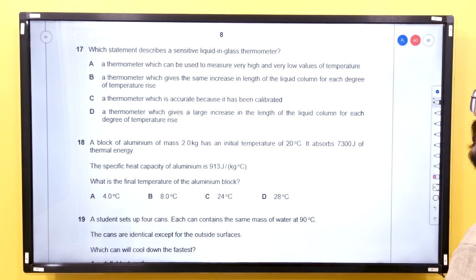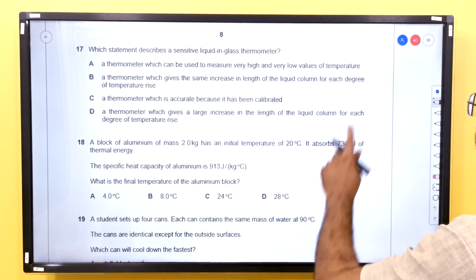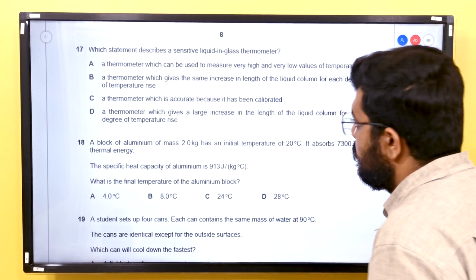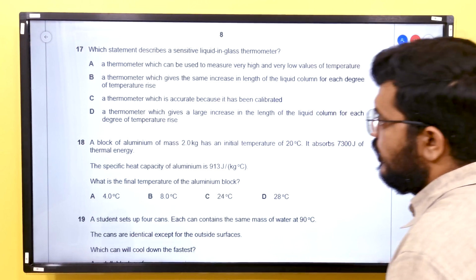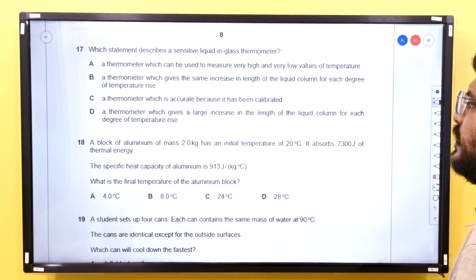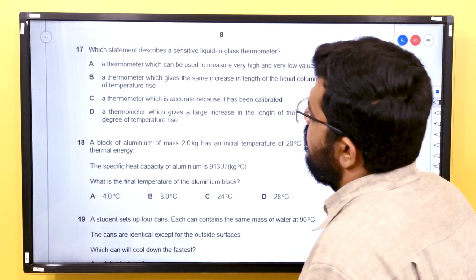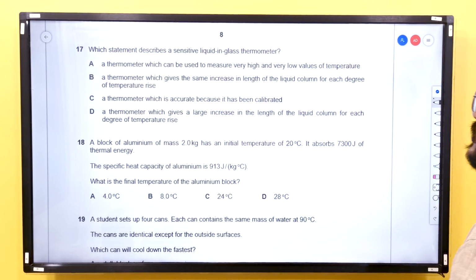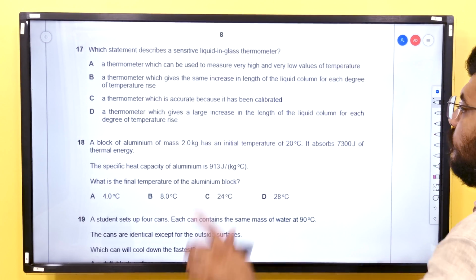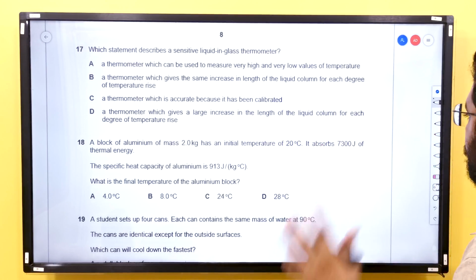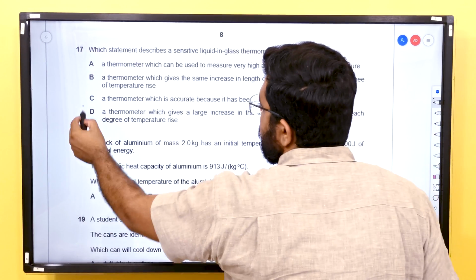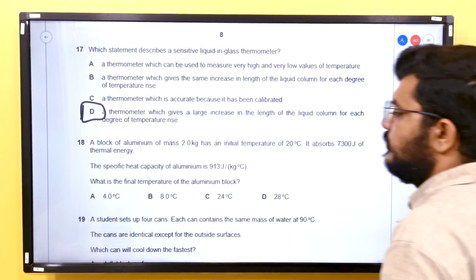A thermometer which gives the same increase in length of liquid column for each degree of temperature rise? No, that applies to all thermometers. A thermometer which is accurate because it has been calibrated? Again, that talks about all thermometers. A thermometer which gives a large increase in length of the liquid column for each degree of temperature rise. Yes, this is our correct answer.